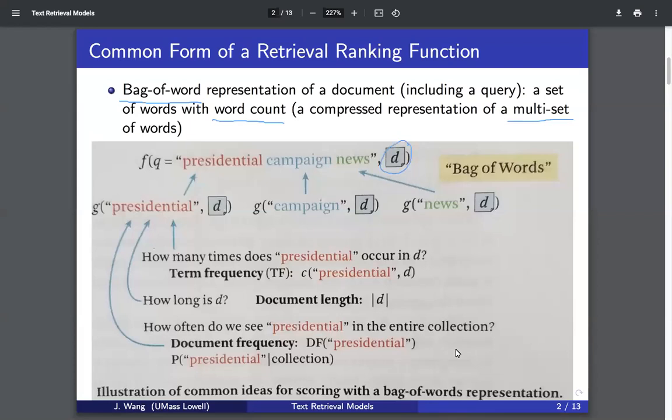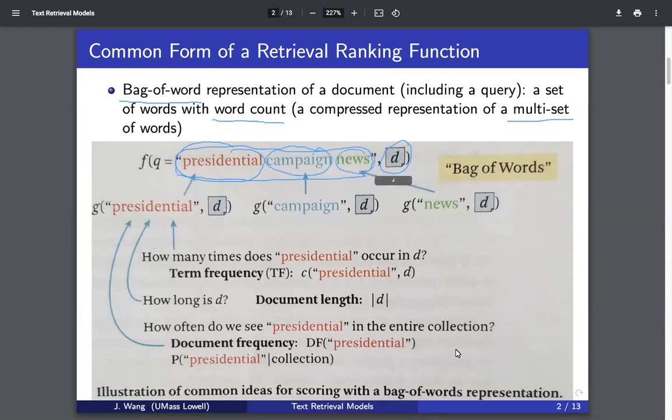My query says presidential campaign news. So it's just a phrase. What the system will do is put this into a bag of words. So now you have 3 words: presidential, campaign, and news.